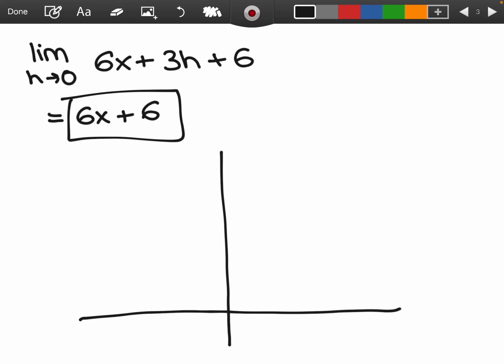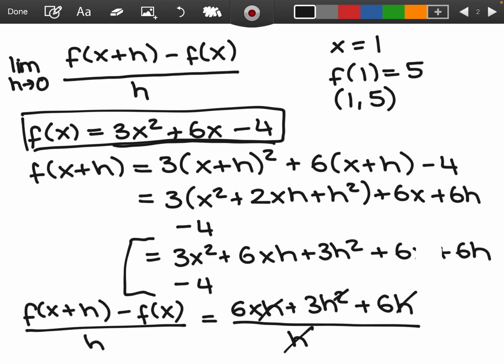Let's draw a quick sketch of this. It's not going to have any of the correct x and y intercepts or anything like that. It's just a quick sketch to show you what I mean when I talk about a slope here. So let's say that this is the point (1, 5) on the graph of this function.